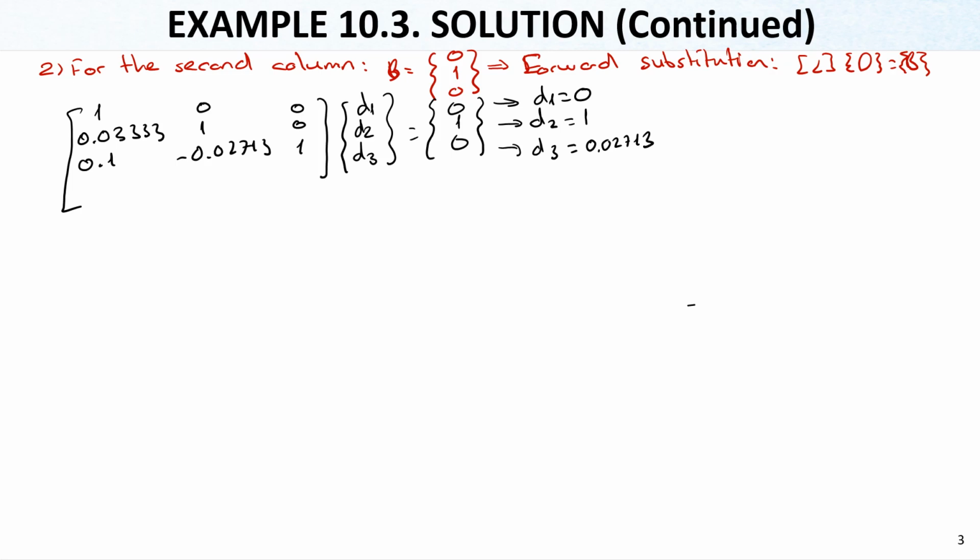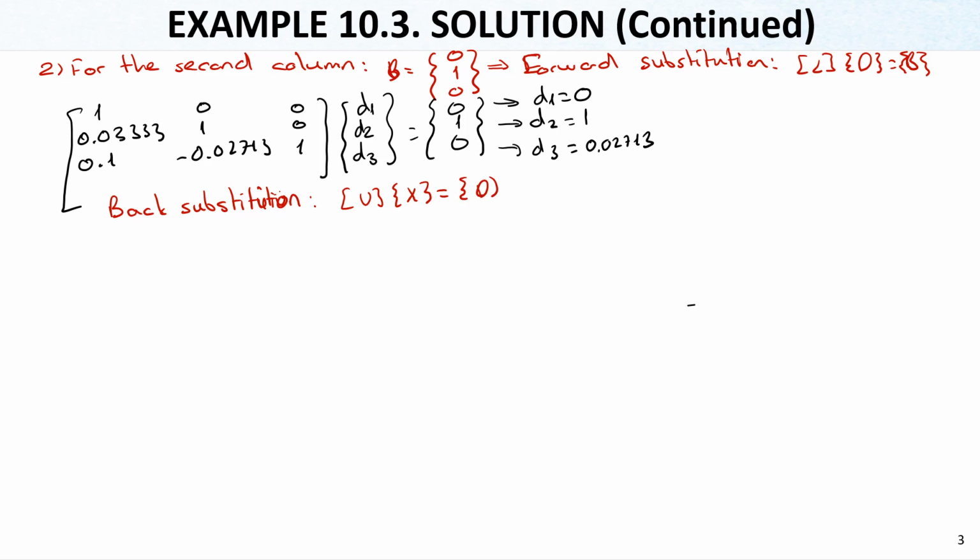In this back substitution, we have U times x's equivalent to these d's.